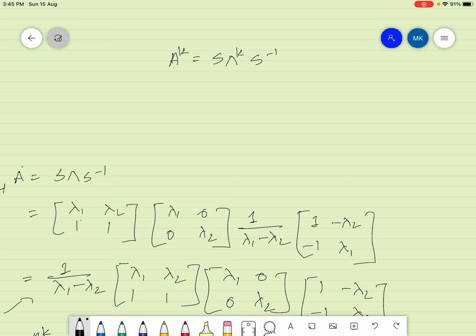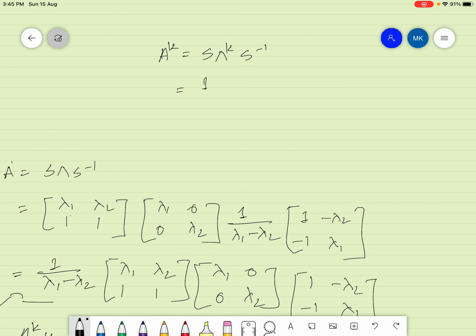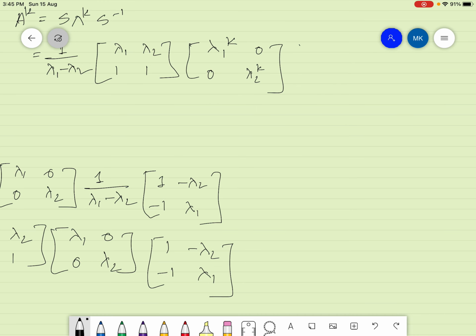So in this case A to the power k should be 1 divided by lambda 1 minus lambda 2, then [[lambda 1, lambda 2], [1, 1]], then [[lambda 1 to the power k, 0], [0, lambda 2 to the power k]], then [[1, negative lambda 2], [negative 1, lambda 1]], right?